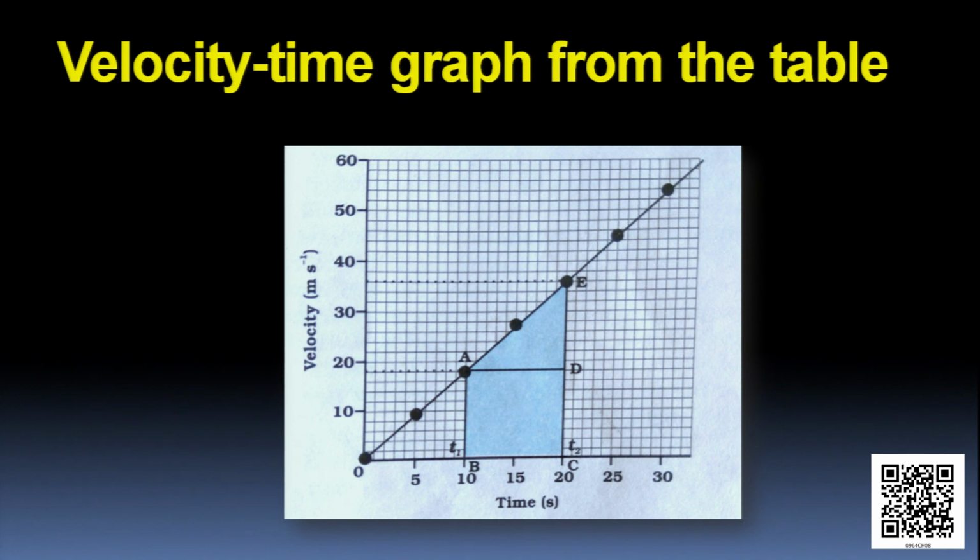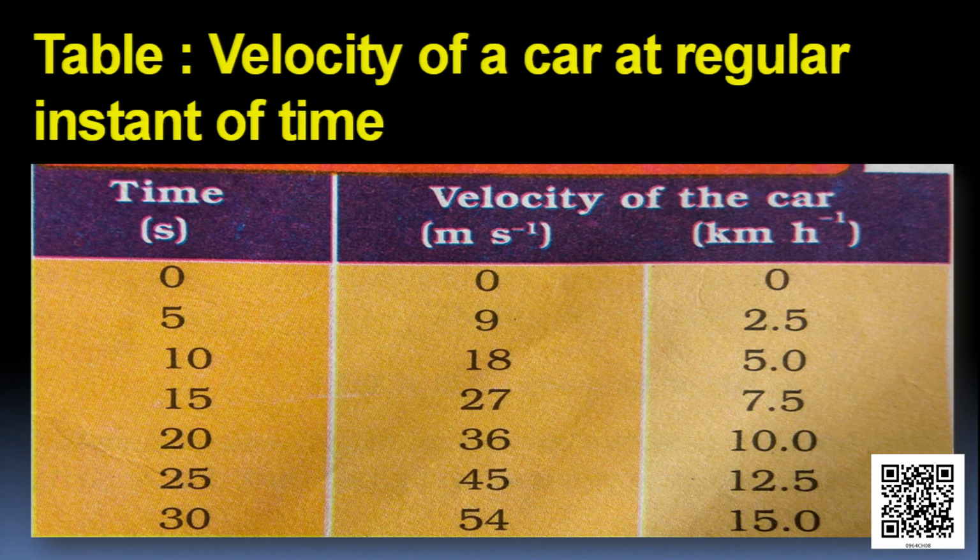If you go along the y-axis, velocity is 10 meter per second, then 20 meter per second, 30 meter per second, and so on. You need to plot the graph by taking the x coordinate and y coordinate simultaneously from the table itself. Then you see there is equal increase in velocity.